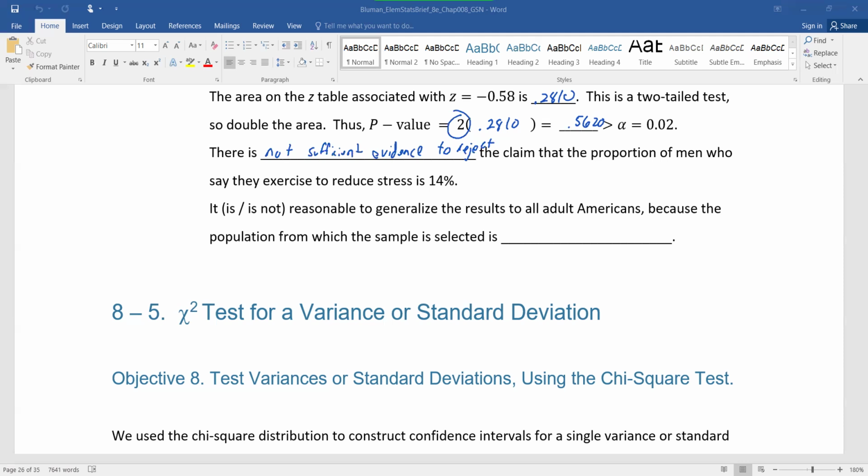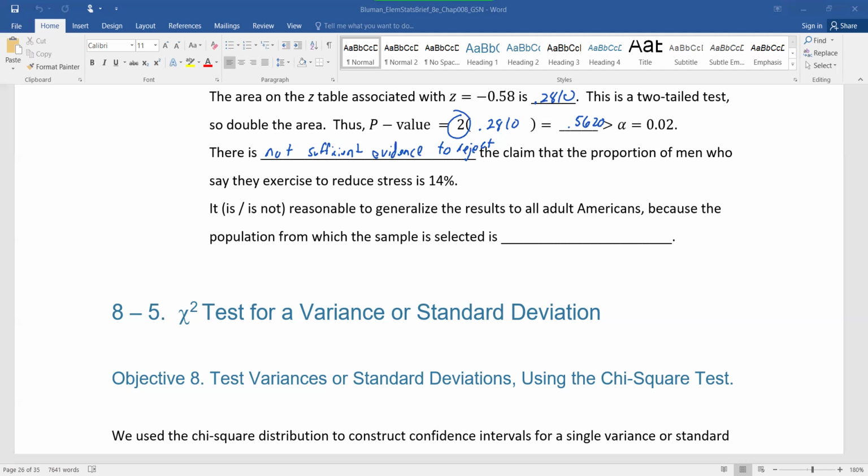Yeah, so there is not sufficient evidence to reject, so we fail to reject the null hypothesis. We think it's true. But we're not going to say it is, but with 98% confidence, we're saying it's true. To reject the null. Because remember, the null hypothesis was our claim.